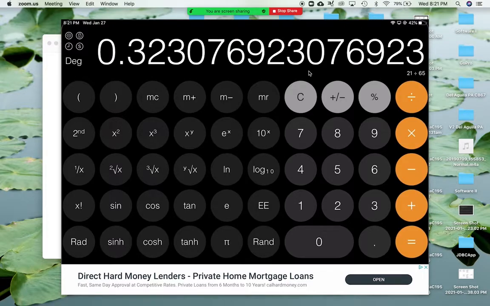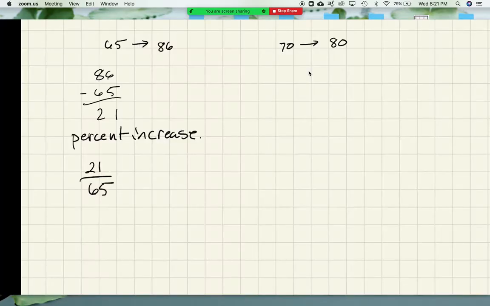I'm just going to round it. So that means 21 is a 32% increase because it was 0.32. To change it back to a percent, you move the decimal to the right. Okay. Does that make sense? Yeah. That's what I saw that you did there.